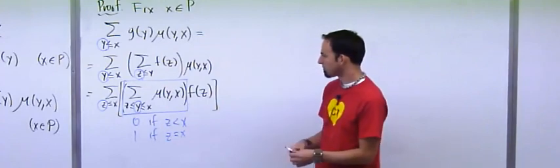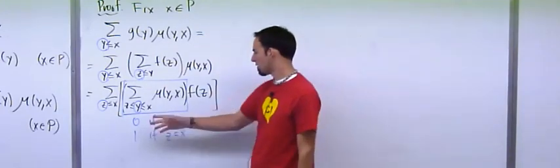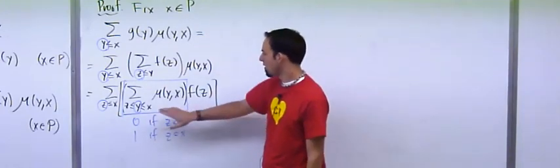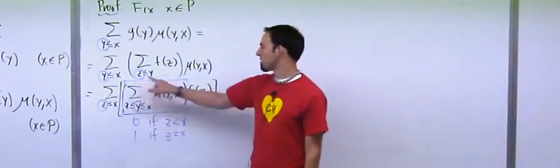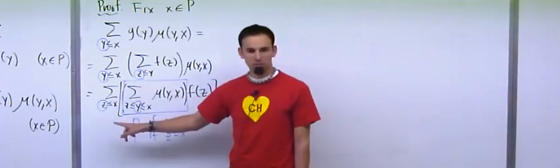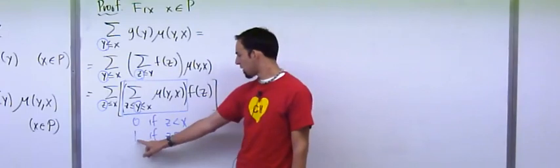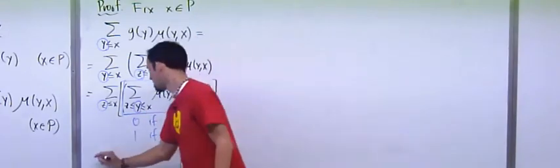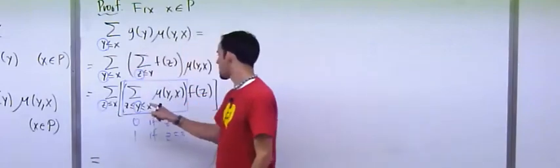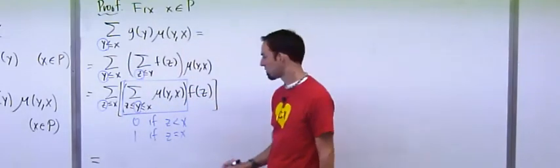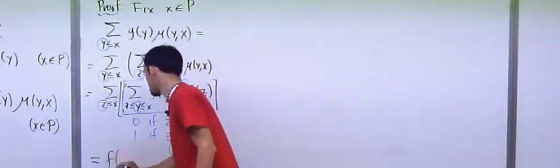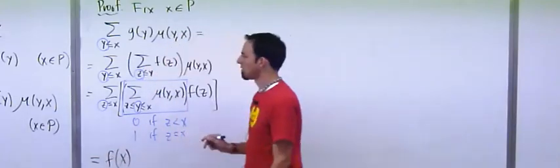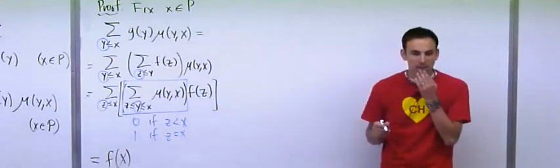Okay? Once I do that, I'm basically done, because what this is saying is that this blue sum over here is almost always equal to 0, except it's equal to 1 when z is equal to x. And when z is equal to x, I get 1 times f of x. Which is what I wanted to show.